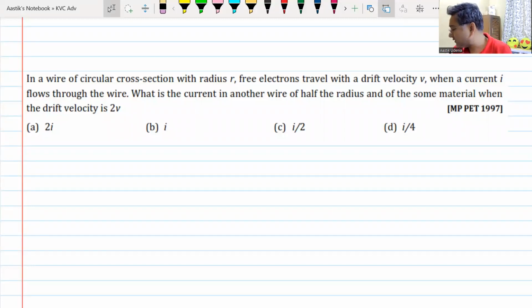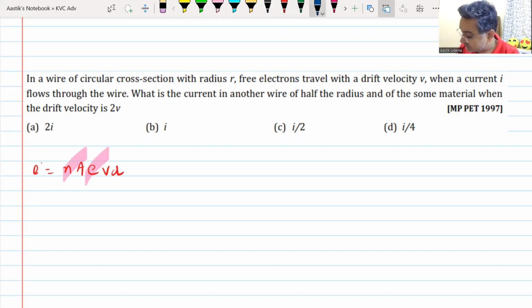Option C is the correct option, my dear friends. I is equal to NAeVd. Same conductor, so N is the same, and the charge of an electron is the same. So I will be proportional to A into Vd. Do we understand this?